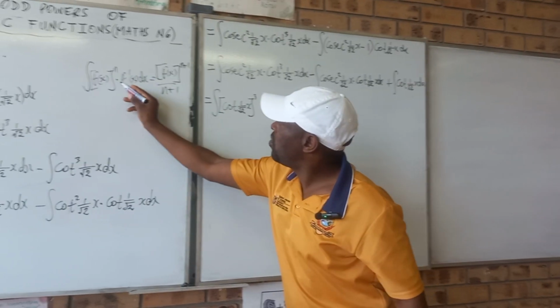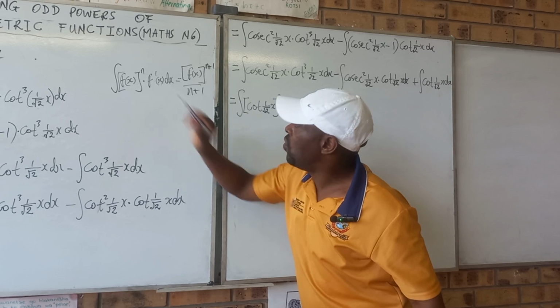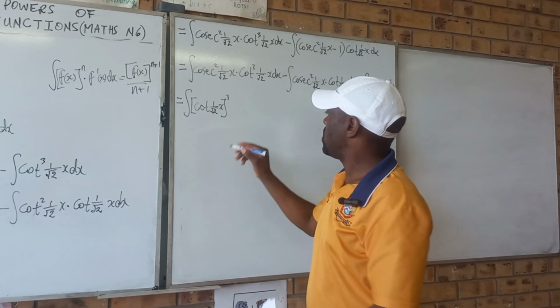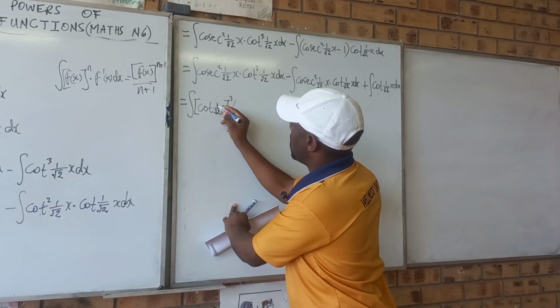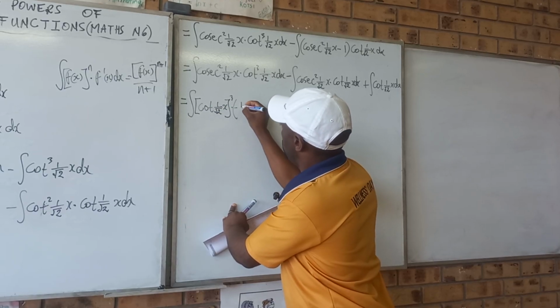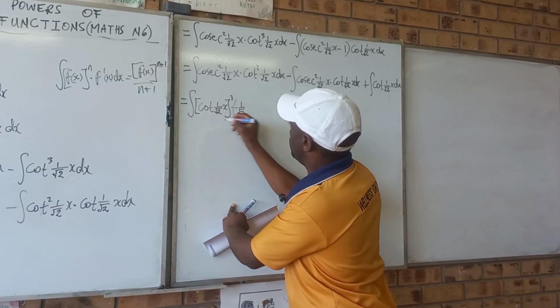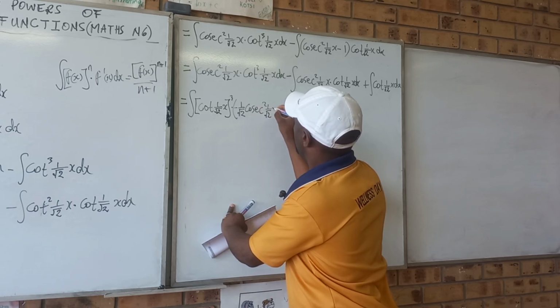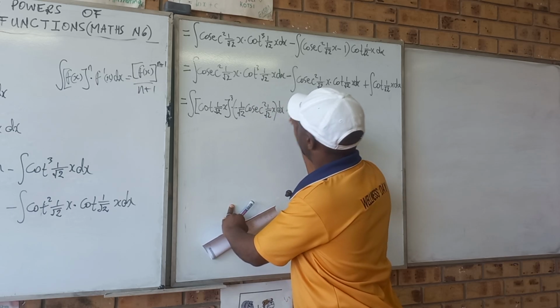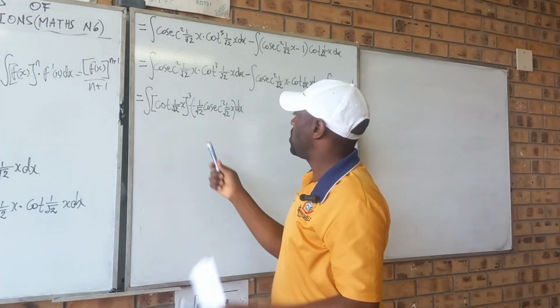Then it has to be followed by the derivative of what you place here, the derivative of cot. If you are looking at the formula sheet page 2, the derivative of cot ax should be negative 1 on a, our a is 1 over 2, cos x squared 1 on 2x, then dx. So that is what we have to write.